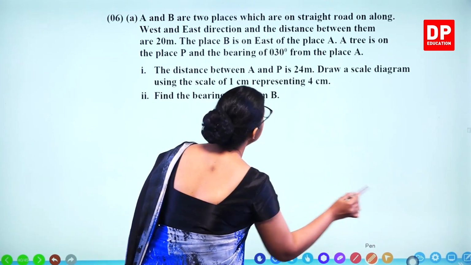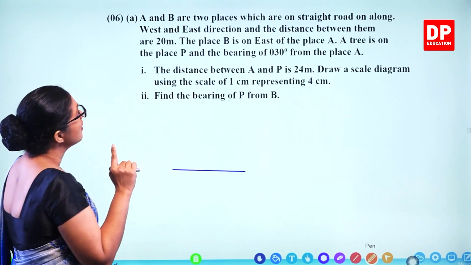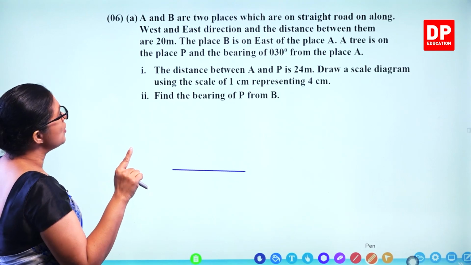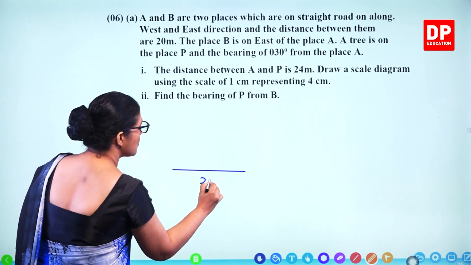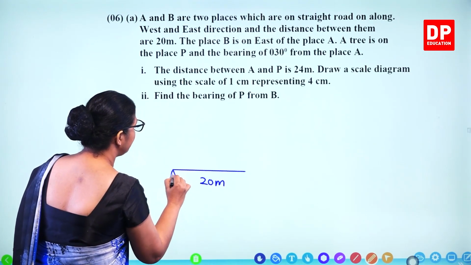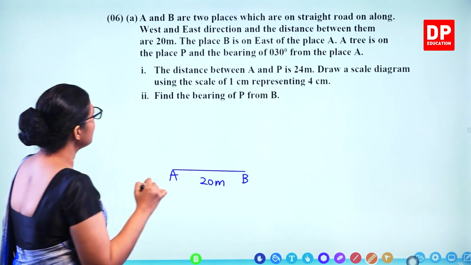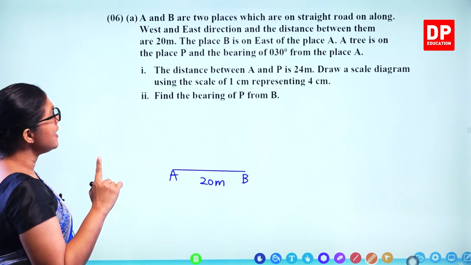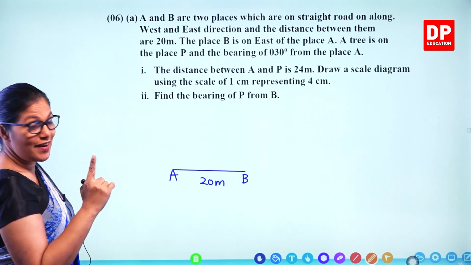And then it says the distance between them are 20 meters. So 20 meters A and B. The place B is on east. So that's correct.